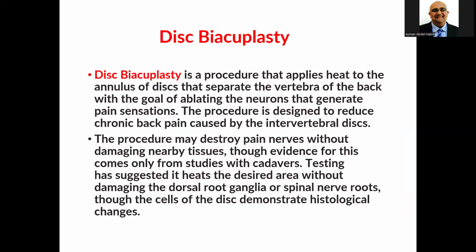Disc biacuplasty. This is a procedure that applies heat to the annulus of the disc. This procedure is gaining momentum here, as far as the interventional procedures. You need to know about it. Even if you're not going to do it, at least know about it.